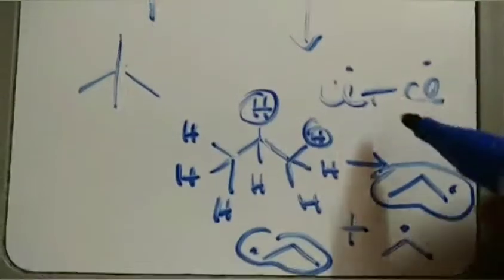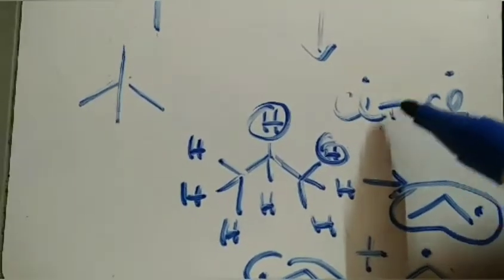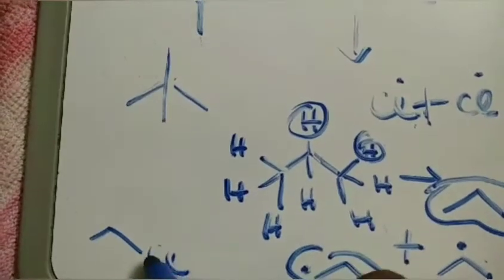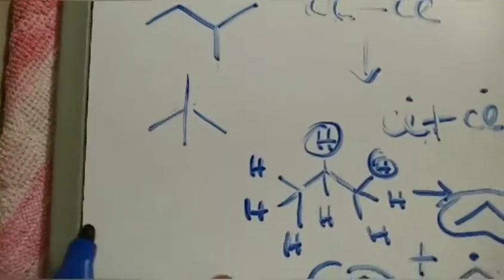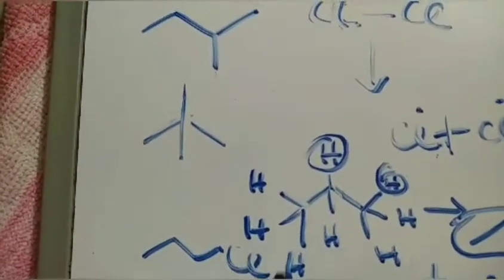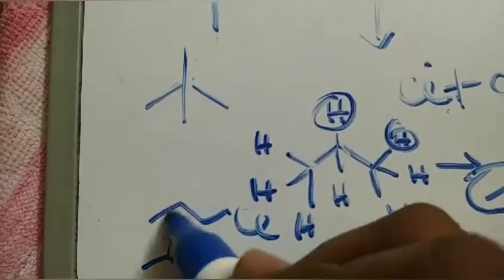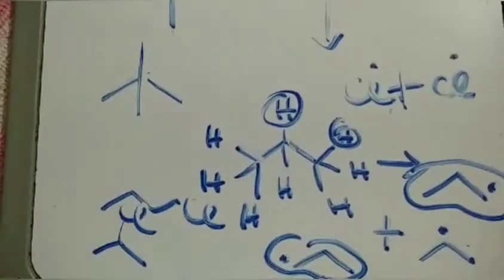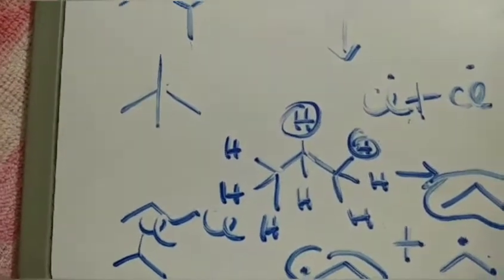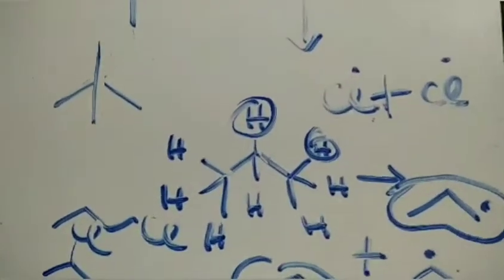When chlorine radicals join with this, you will get this one, and also you will get this one. It's just messy. You just need to know that the halogen molecule breaks into radicals.